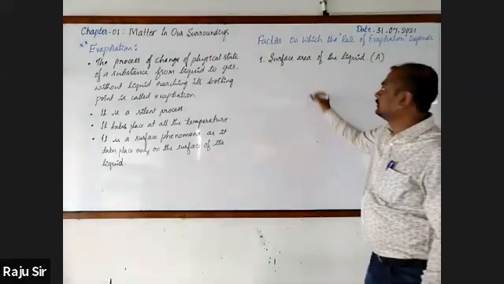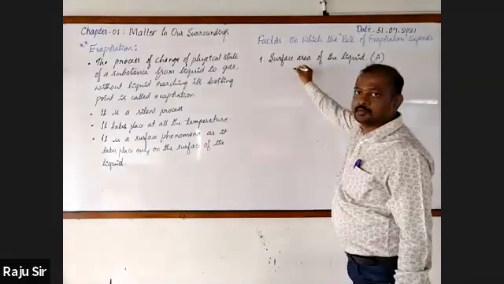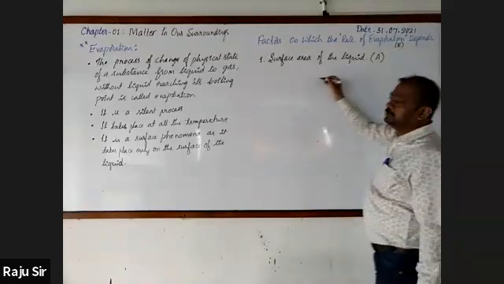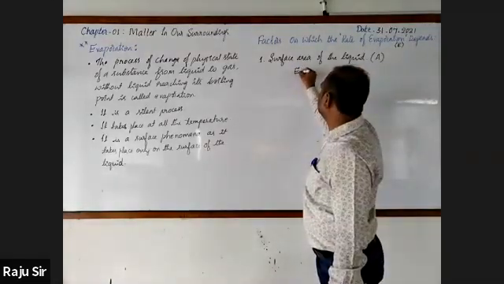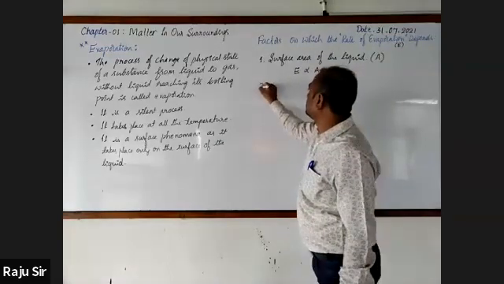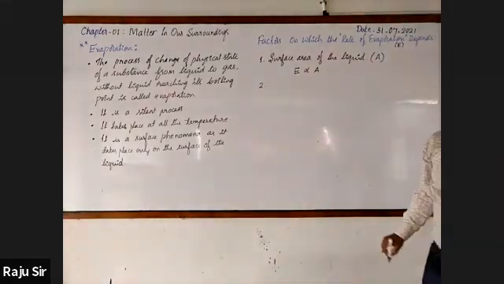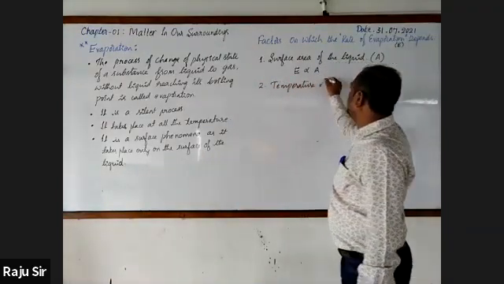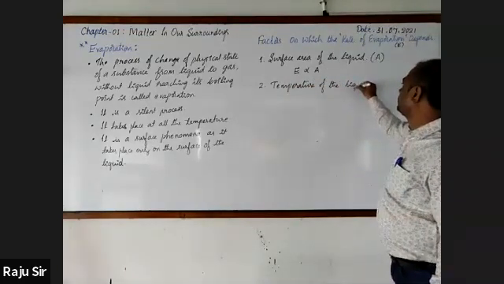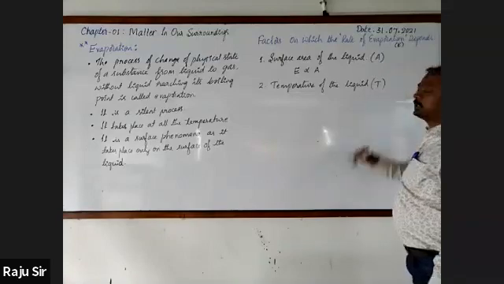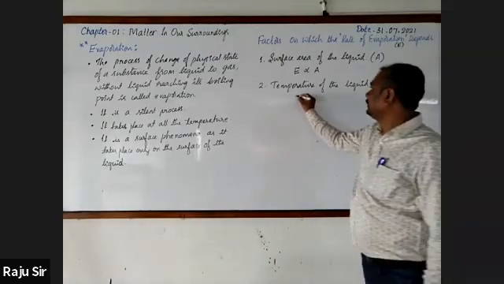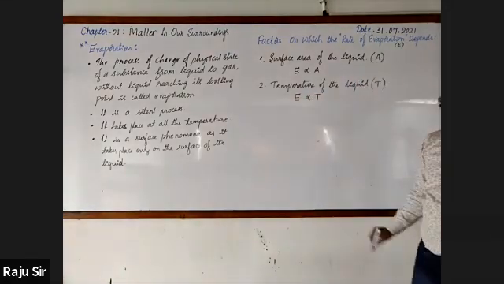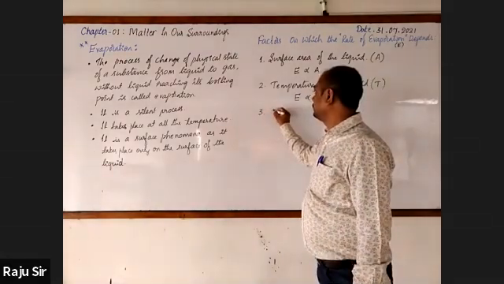How does it depend? Directly proportional. Rate of evaporation as E. So E is directly proportional to A. Second, temperature of the liquid. Very good. In bracket I write T. Then E is directly proportional to T. Third one, humidity.